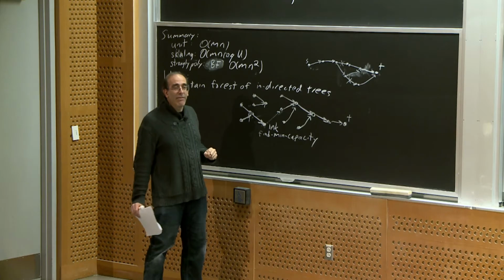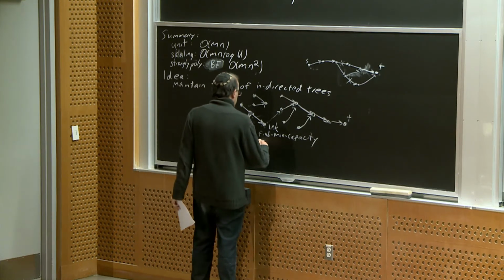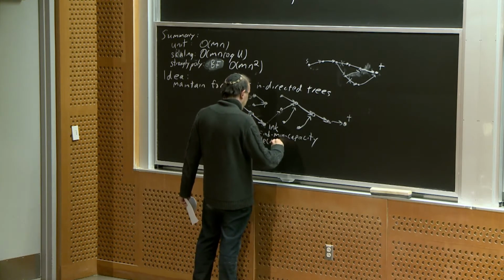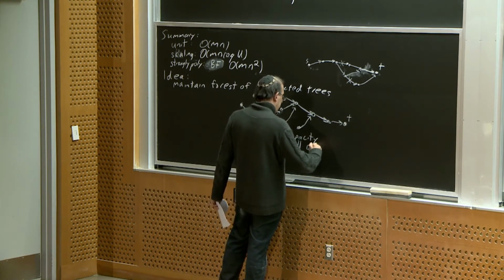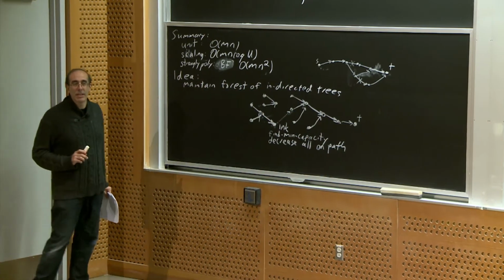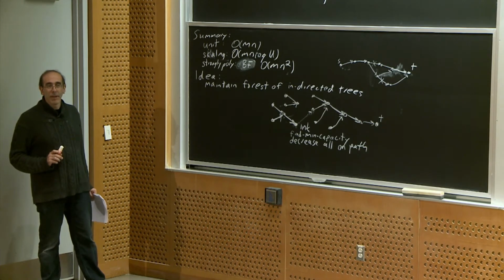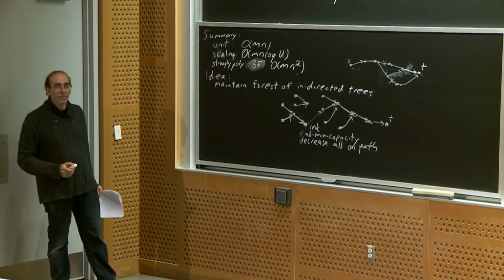Now, once I have found that minimum capacity, I need to decrease all the capacities on the path from the source to the sink. That's what happens when I do that augmentation.